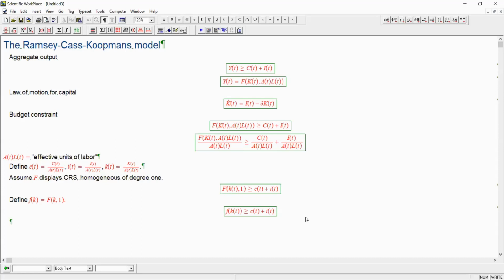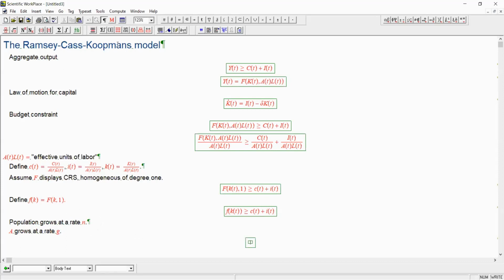Next, we're going to assume that things here grow at constant rates. So population grows at a rate n. In addition, A, productivity, grows at a rate g. This means two things.